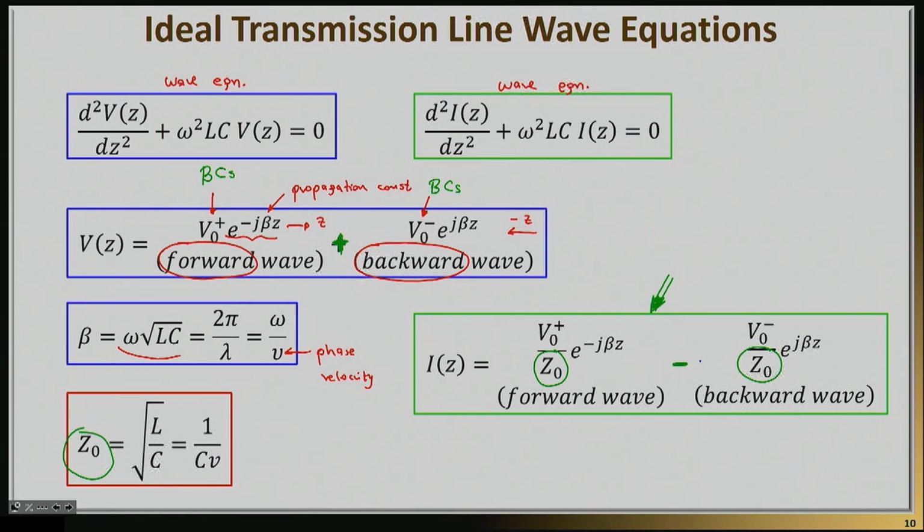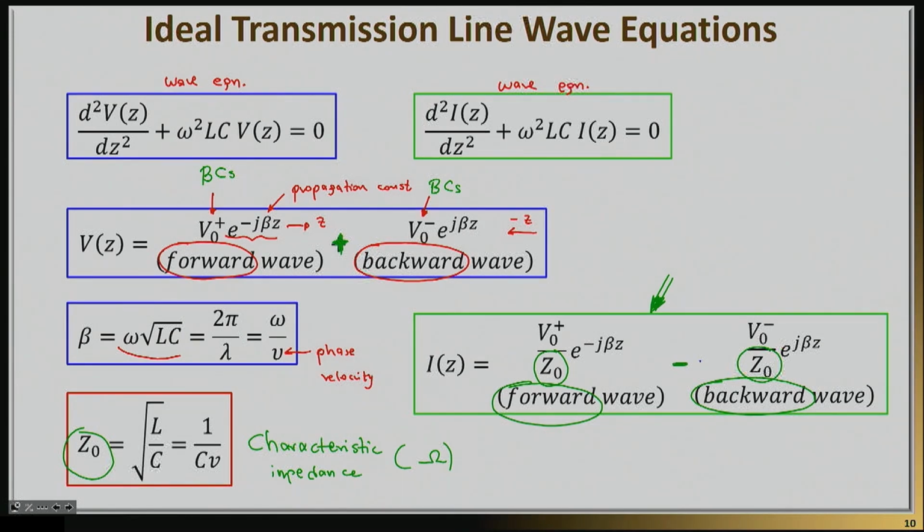So there is, again, a forward current wave, which has an amplitude of V0 plus by Z0, and a backward wave that has an amplitude of V0 minus by Z0. This constant Z0 has a very famous name: it's called characteristic impedance. As you can probably guess from its name, it has units of ohms.